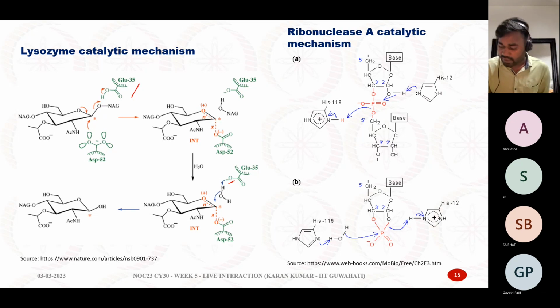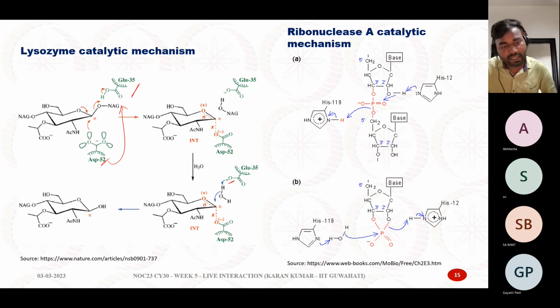That is why, when the pH drops, aspartic acid will pick up the proton and become ionized. Then this aspartic acid will interfere with the glutamic acid, and glutamic acid will not be able to act properly.